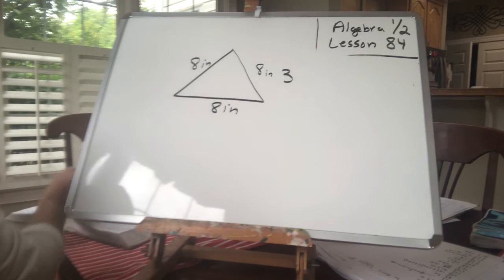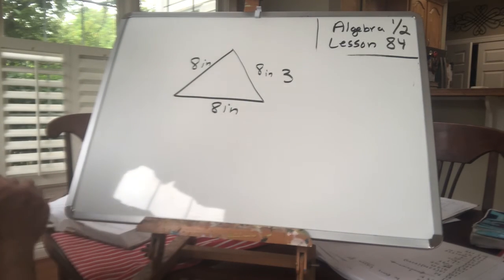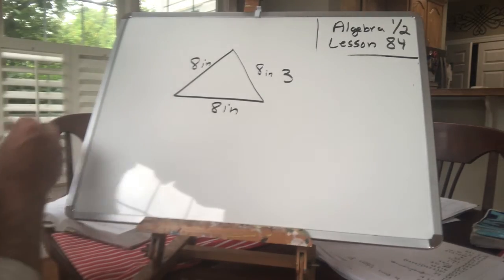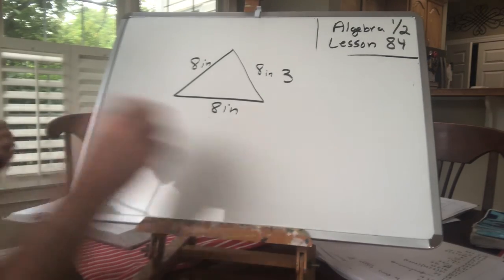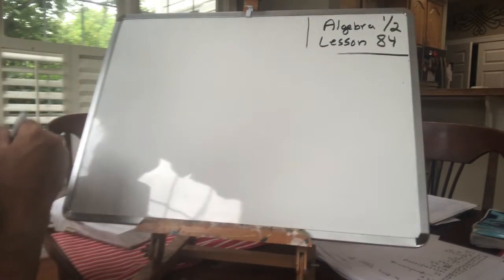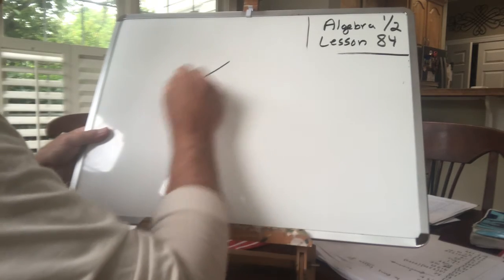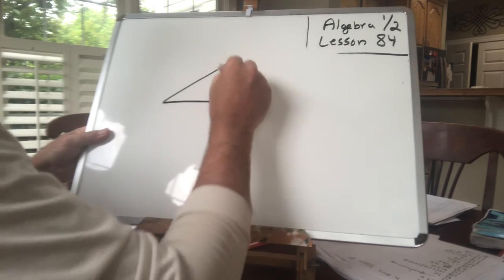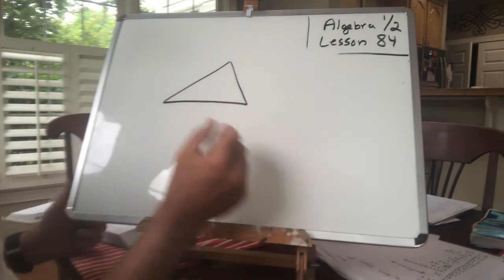So, there's one more thing. They were labeling triangles, okay? And they gave us a scalene triangle. Some of you have already been taught this. A scalene triangle means all sides are different, all right?